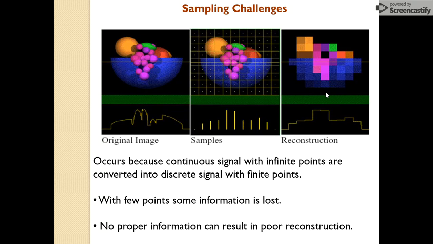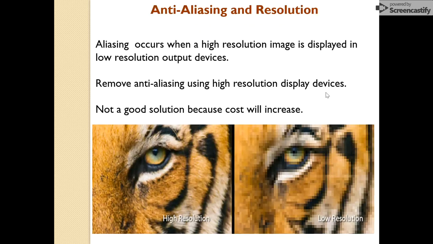If the sampling is not done properly or the reconstruction is done poorly, the image we get is really distorted. Coming to anti-aliasing and resolution, when aliasing occurs, a high resolution image is displayed in low resolution. The low resolution looks like staircases, and a pixel blurred image.